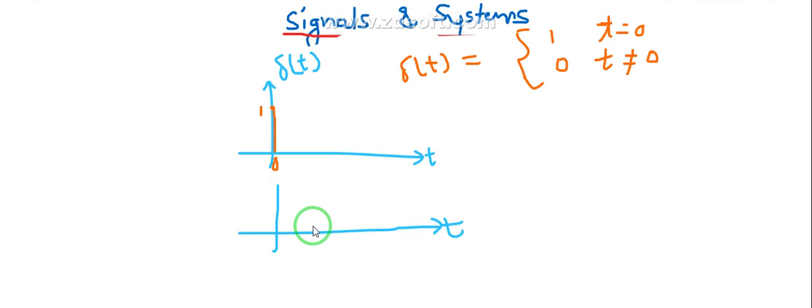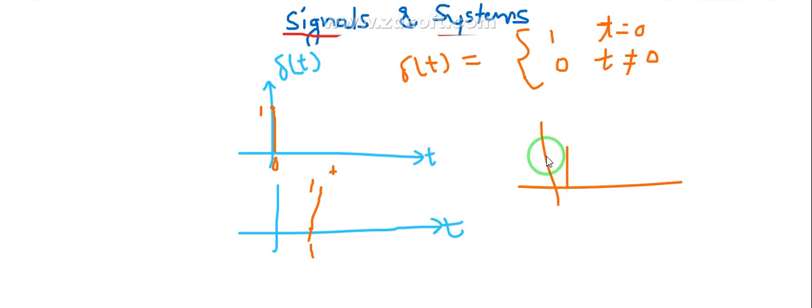Just shift this signal, which is at 0, to 1, and its amplitude will remain constant. If you shift it and then add both signals, you will get two lines like this.